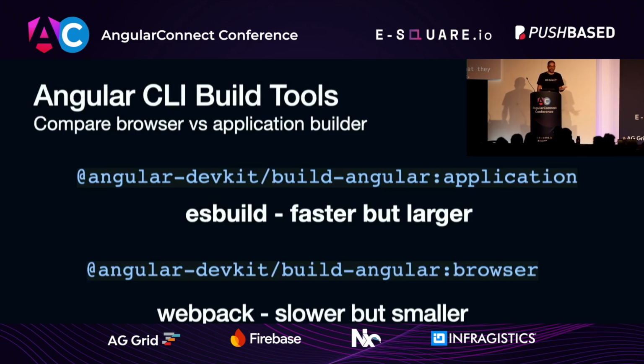Which brings me onto the Angular build tools that we get. What we found is esbuild is faster, but can actually end up in a larger bundle size. And Webpack might be slower, but smaller. But as we just heard in the previous talk, maybe Rspack can give us the best of both worlds. We'll see. I haven't tried that out. I've only just added that now.